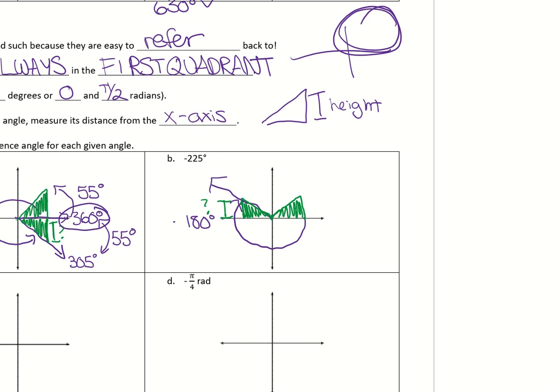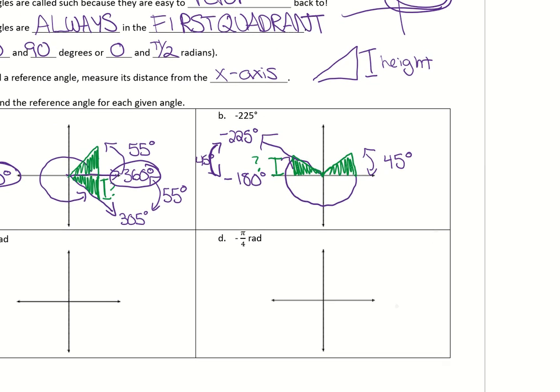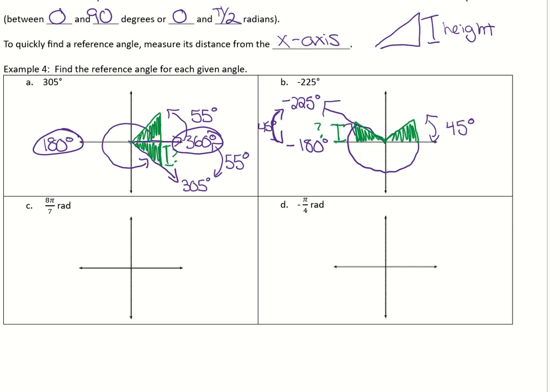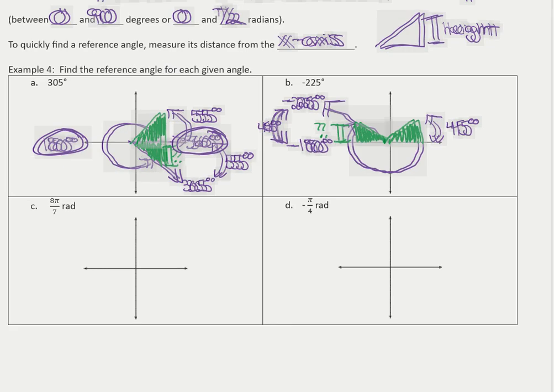So in this case, it's negative 180. That's okay either way. And this is negative 225. What is the distance between these two angles? Since you're measuring distance, it's positive, and so this is 45 degrees. And so if you reflect that over here, this is also going to be 45 degrees. So all you're doing is taking your angle and reflecting it into the first quadrant and finding how tall the triangle is to help you find that angle measure.